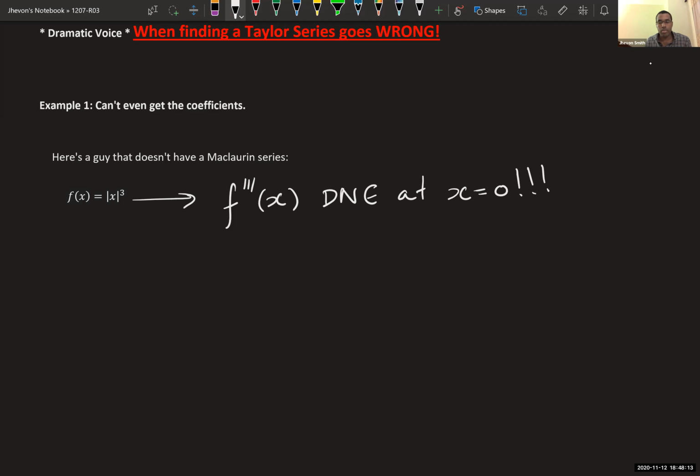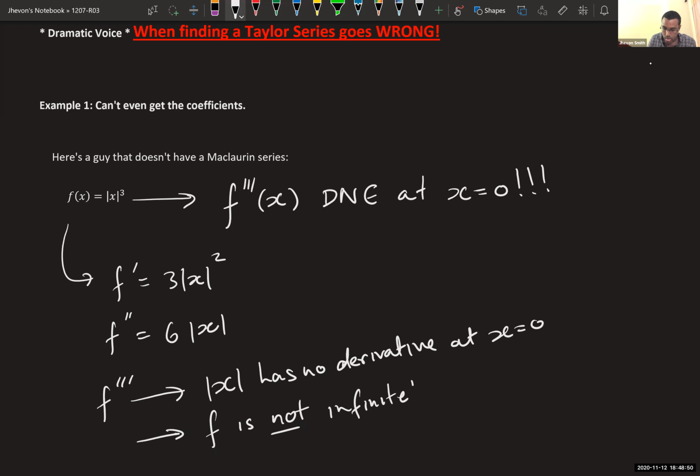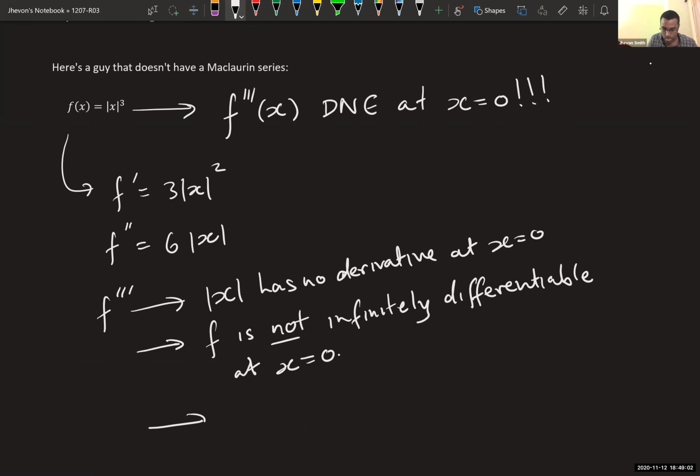My f triple prime would be, well, we know that absolute value of x has no derivative at 0. So f is not infinitely differentiable at 0, which means it doesn't have a Taylor series.